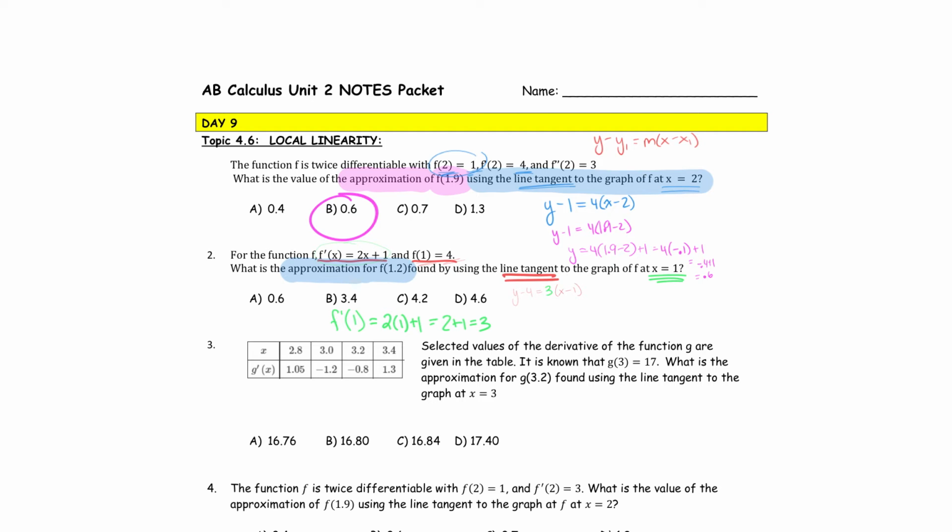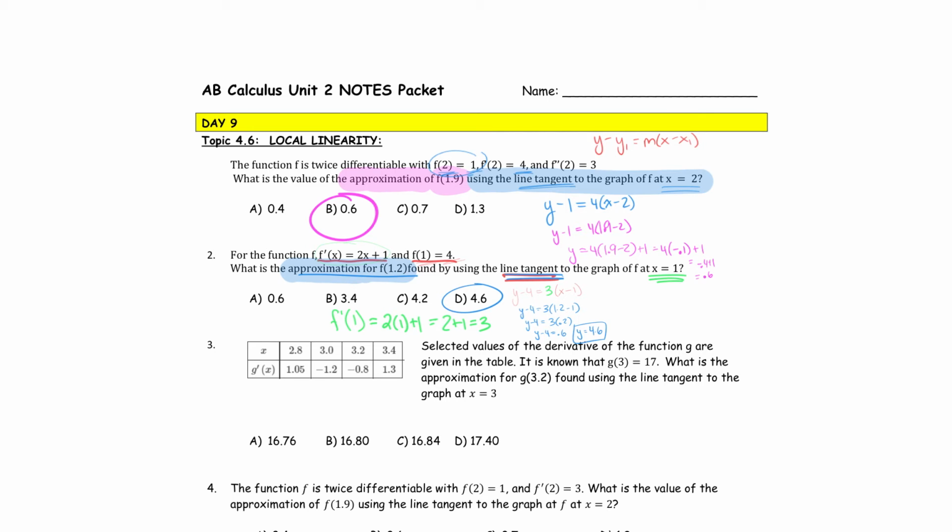And now what we can do is use this tangent line to approximate f of 1.2. So we're plugging in 1.2 for x. We'll get 0.2 on the right times 3 gives us 0.6. And then if we add the 4, 4.6 is the y value for this approximation.